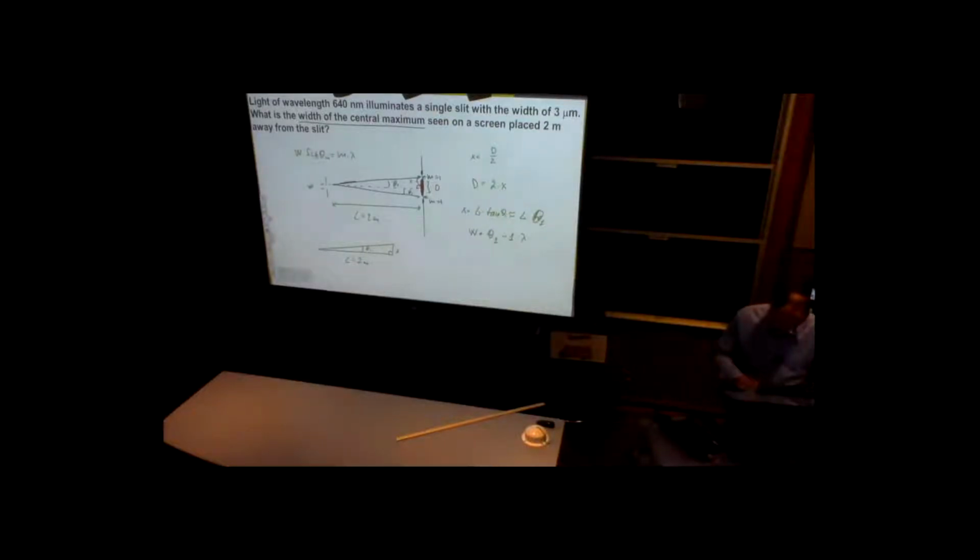And now D will be equal to 2 times L times wavelength divided by the width. So that's going to be equal to 2 times 2 meters times 640 nanometers divided by 3 micrometers.